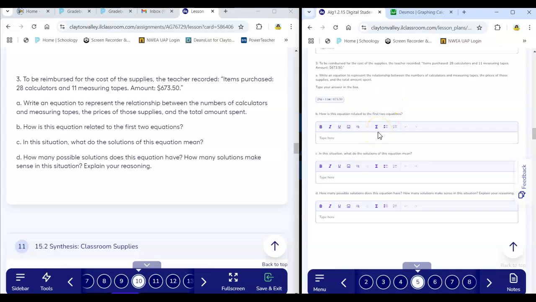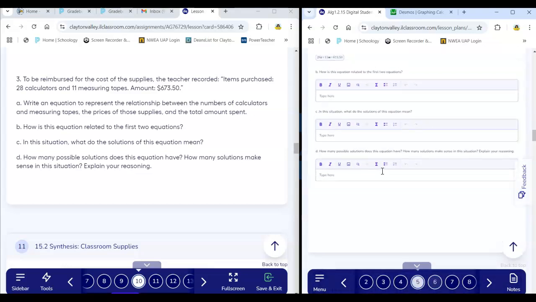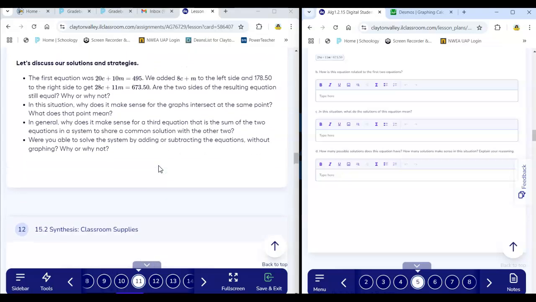Every point on the line is a combination of calculators and measuring tapes. So answering these questions, I want to show you how this looks in Desmos. So let's graph this really quick.